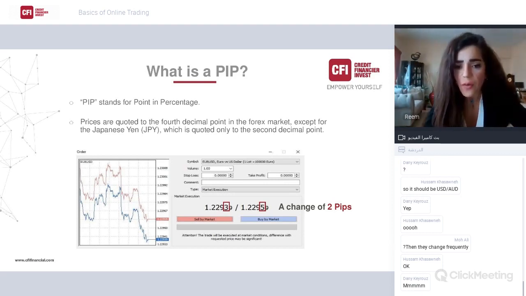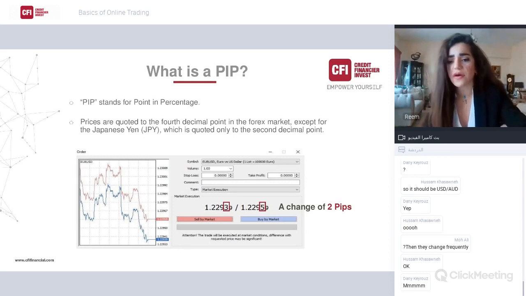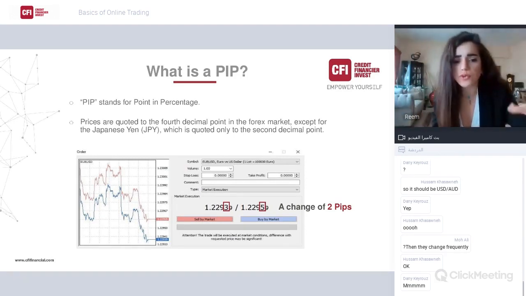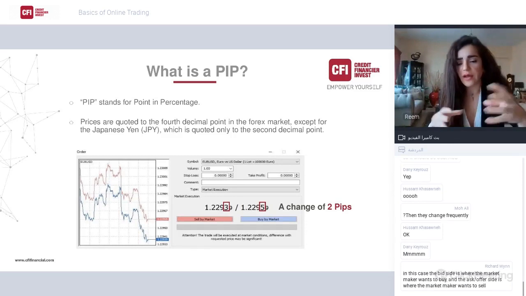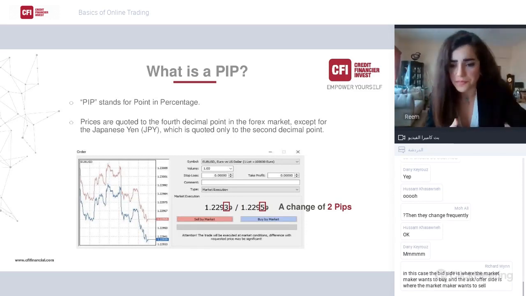However, the fourth number after the decimal point is called the pip. Here in the market, you hear that the euro moved 10 pips, the Dow Jones moved 10 pips, I lost 10 points. These are terms that you also use. When you understand the spread, you also understand what the pip is.